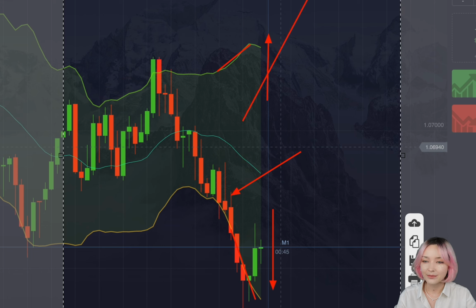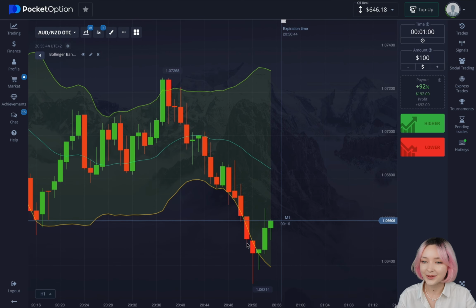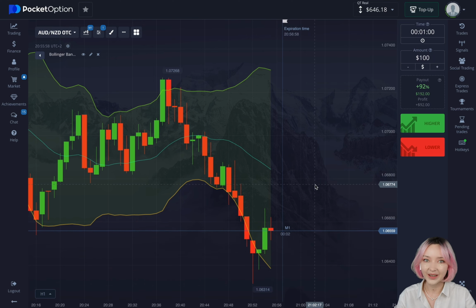That's the exact moment we're opening a deal with the trend. For instance, here we saw a strong downtrend, the bottom and top lines diverged, which once again confirms a strong seller's presence on the market. Thereby we open a deal with the trend at any moment and get profit from this simple trading case.